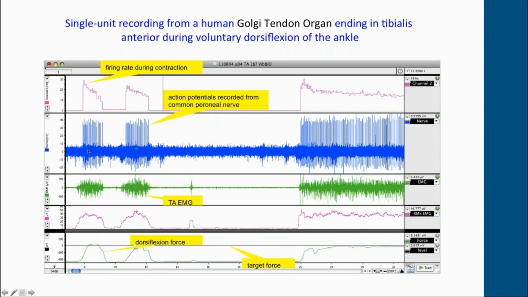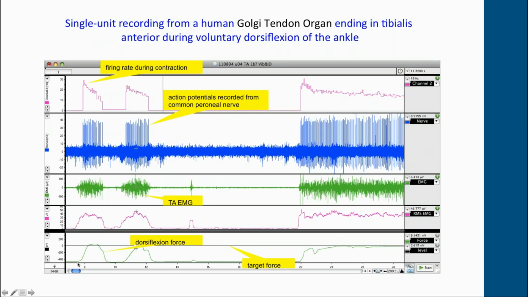in tibialis anterior. Here we've got surface EMG recorded with the BioAmp, one of the front ends that connects to the PowerLab, and this is the root mean square, the RMS processed mean voltage, so the mean activity of the EMG. In the lower trace we're recording dorsiflexion force, and we have a little target shown here.